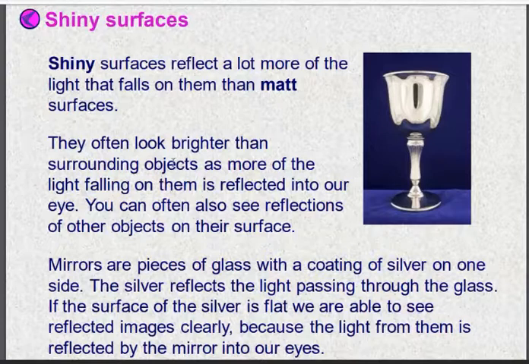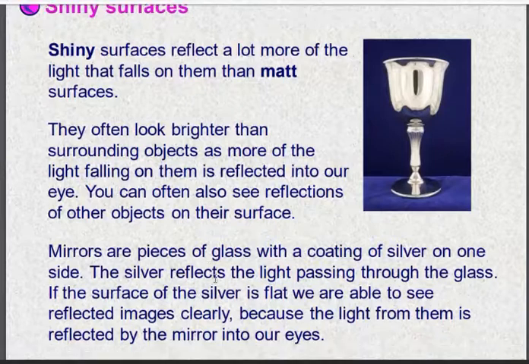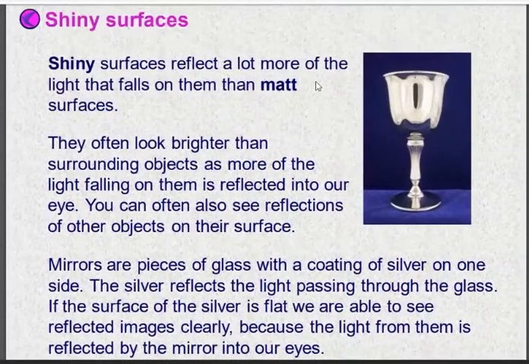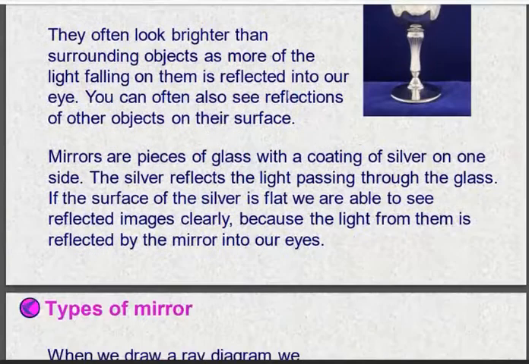They often look brighter than the surrounding objects as more of the light falling on them is reflected into our eyes. So they appear brighter in comparison to other objects, and you can often also see reflections of other objects on their surfaces.